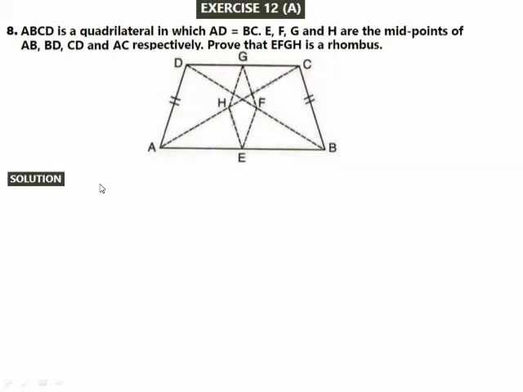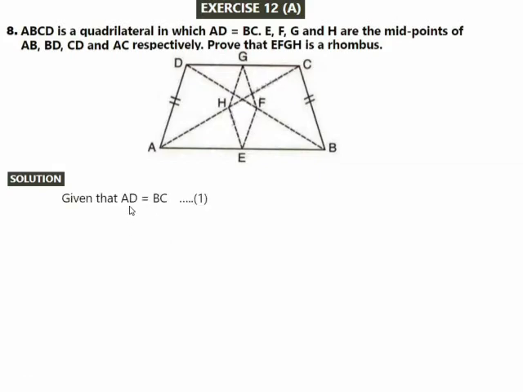Okay, in case of a parallelogram, it's not necessary that all the sides have to be equal. If they are equal, then that particular parallelogram is known as a rhombus. Okay, so basically here what you need to show is EF is equal to FG is equal to GH is equal to HE. Okay, so let's see how to prove.